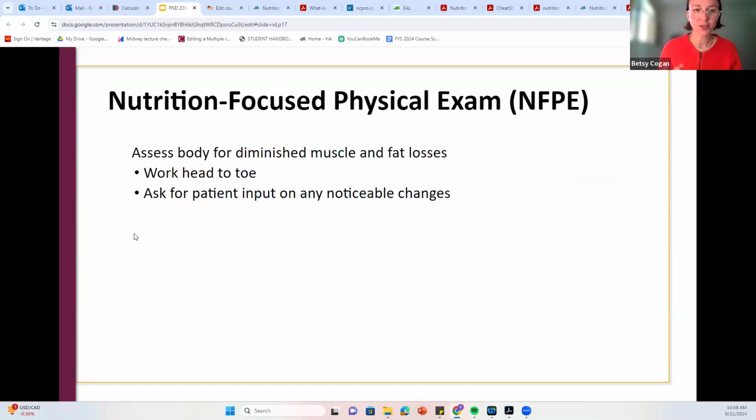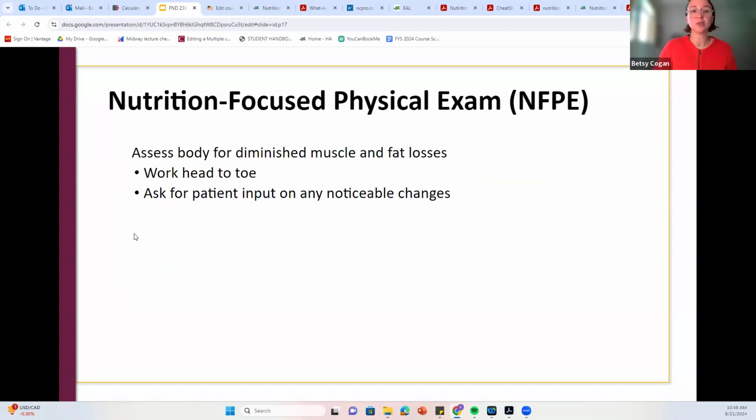So I've discussed the nutrition focused physical exam. This is the one other way for us to collect assessment data. The NFPE we will practice in class, but essentially, right, this is our way to screen for malnutrition, but we can also screen for nutrient deficiencies through the nutrition focused physical exam.